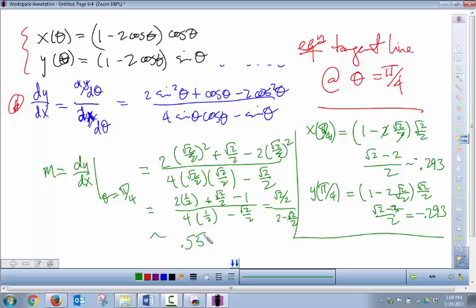I think that's root 2 over 2 squared. So it'll be 2 divided by 4. Yeah, it's 1/2. 0.55? Really?